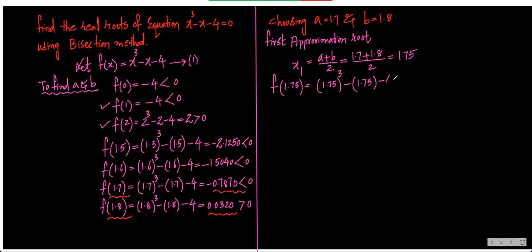And before getting the answer, I want to tell you, if this answer is less than 0, this is replaced by A. If it is greater than 0, this is replaced by B. Because we still want to get closer. We are going to assume 1.7 and 1.8 will be the solution, but still I want the average value of these two. Can you find out and tell me how much it is?